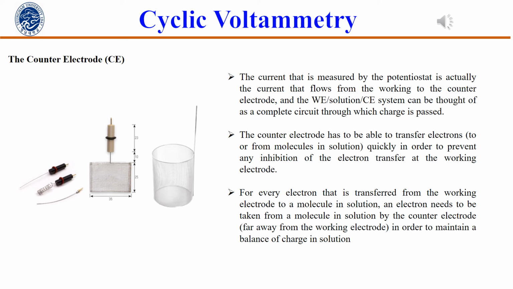While a platinum wire is more than adequate for most CVs, for some experiments where a lot of current is expected to flow from the working electrode to or from the solution, they use mesh because it has high surface area, such as platinum gauze or a metal foam, to ensure that the appropriate amount of charge is passed by the counter electrode.